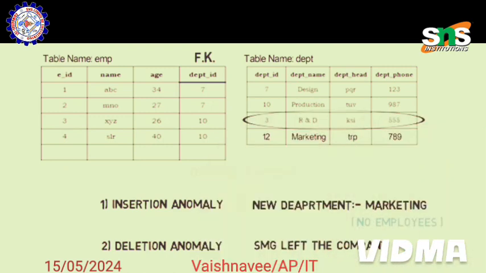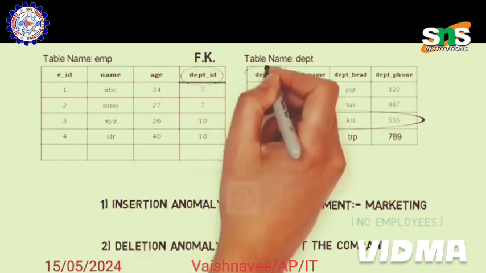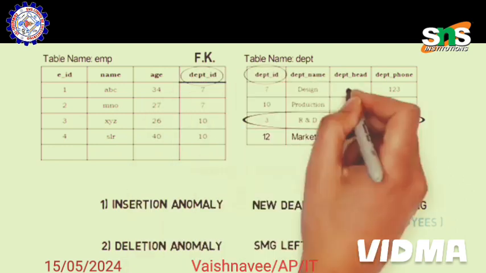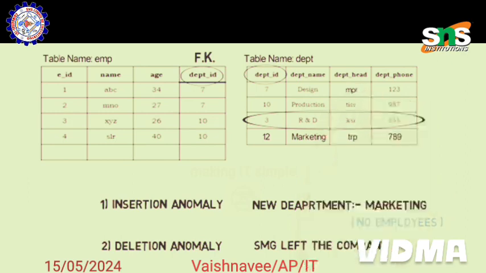And last, the updation anomaly. If the department head of some department gets updated, as both tables are linked using department ID, we just need to update a single row in the department table, and this will do the job. This is one example of how normalization can be used to remove anomalies from a database.